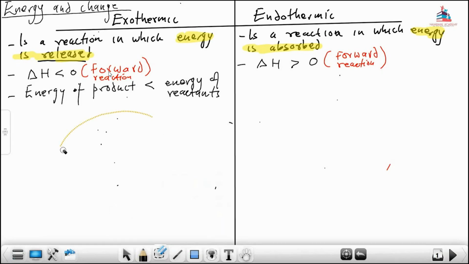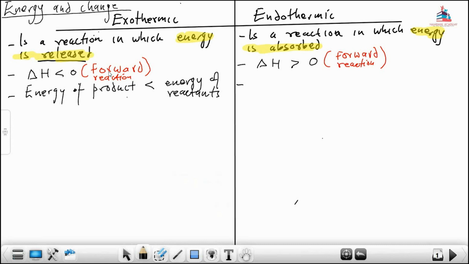So when I am given a graph or a statement, and they say that the energy of the reactants is greater than the energy of the products, automatically that should tell me that I am working with an exothermic reaction.